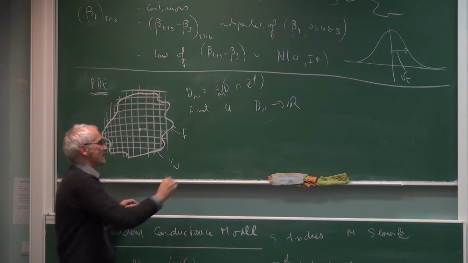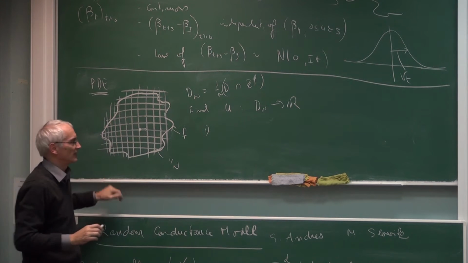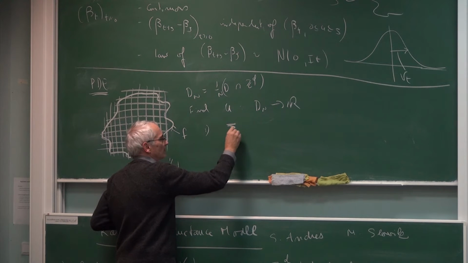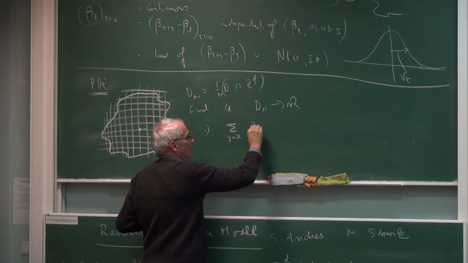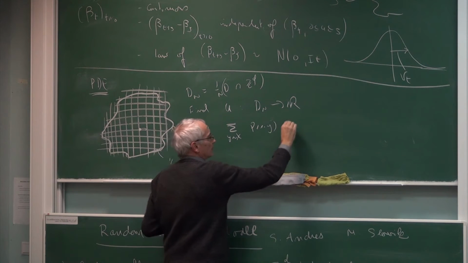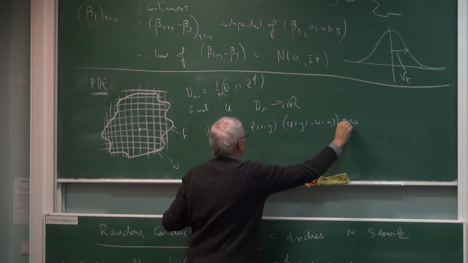The first property, that inside it is P harmonic. P harmonic in the following sense. You look at the sum over y neighboring of x, so this symbol y neighboring of x, of p(x,y) times u(y) minus u(x) equals 0 inside.